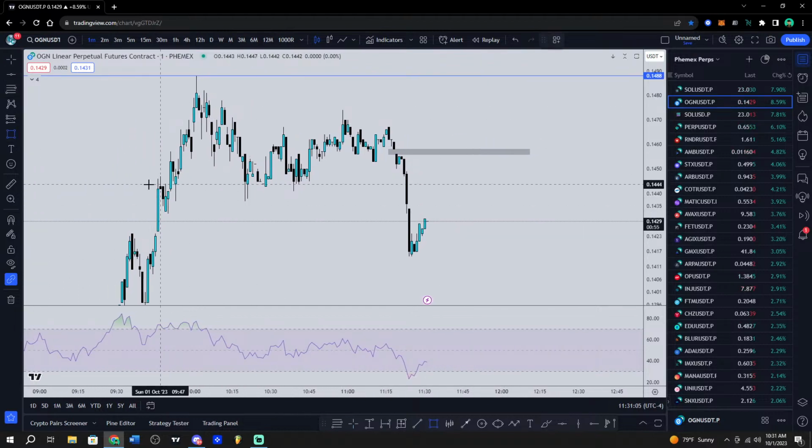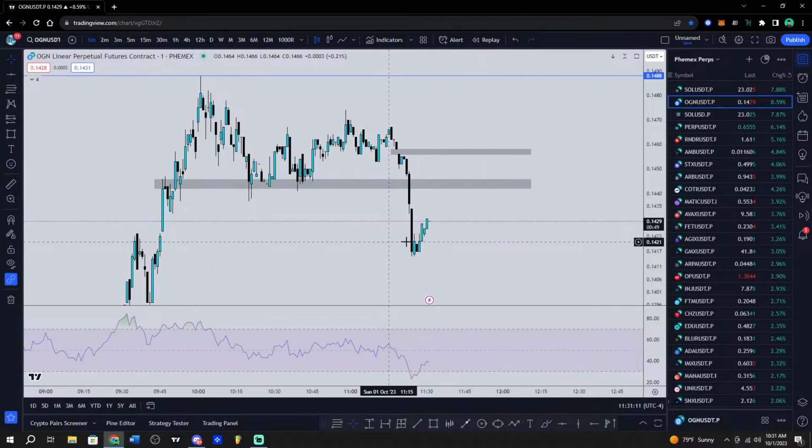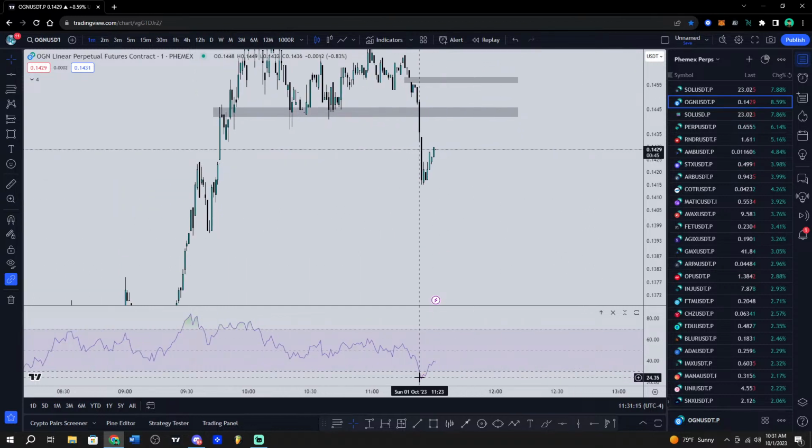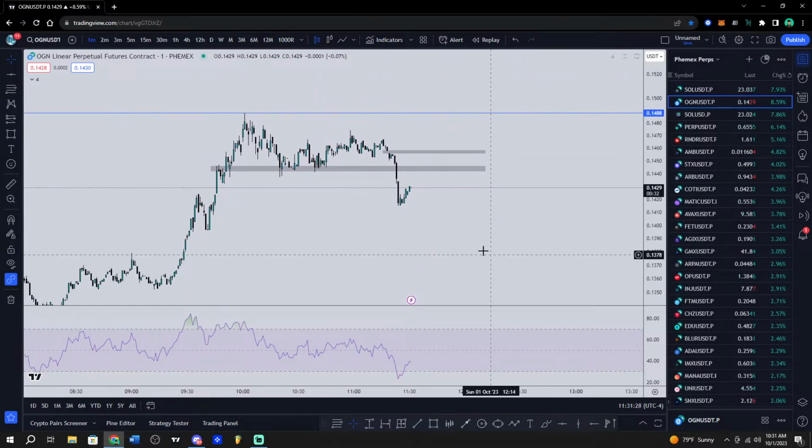Maybe even our support resistance area here for a short. Yeah, RSI is almost bottom, but this is the 1 minute, so this would come up with the RSI. And then I would be looking definitely probably short from here.